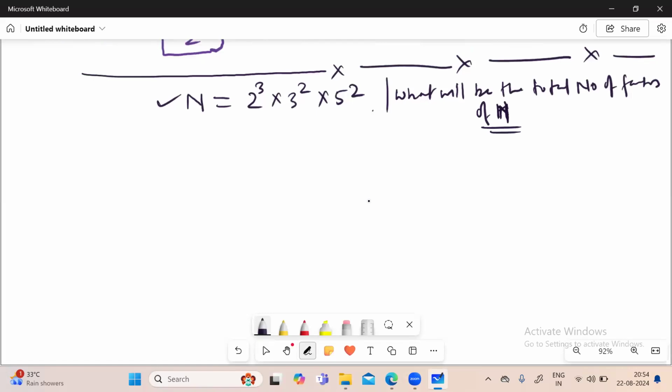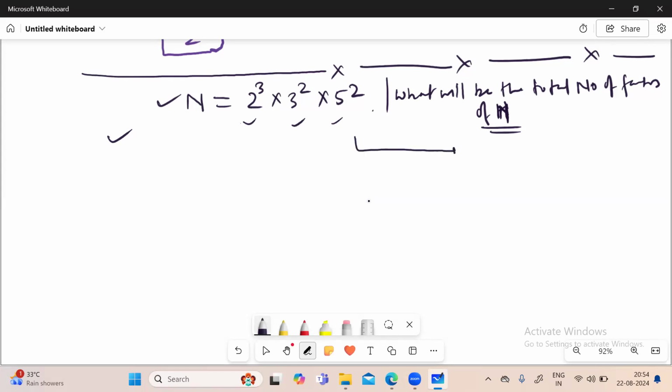How will you calculate? So you know that any number which can be made through 2, 3 or 5, and if the power of the prime is not exceeding these powers, then that will be a factor of n.